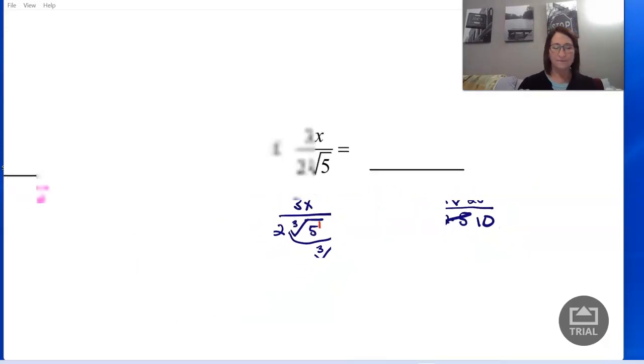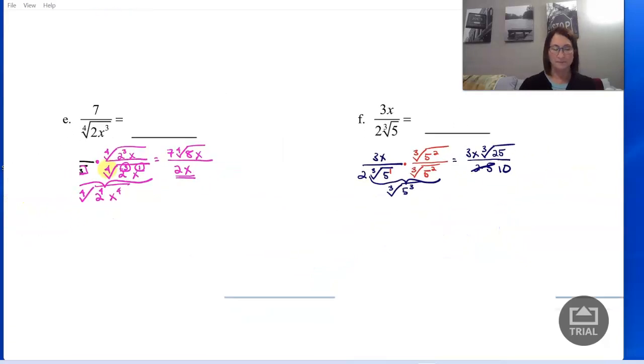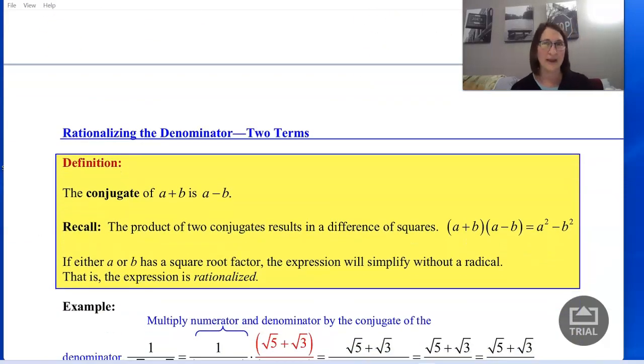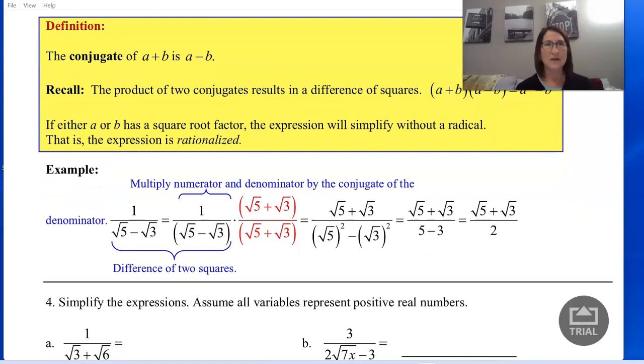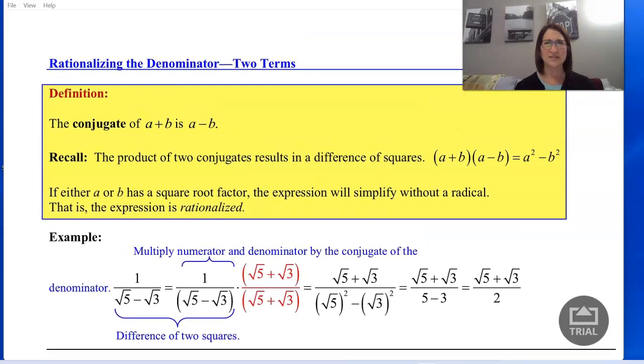Okay. So now, that was rationalizing with 1 term. Now we're going to move on and rationalize with 2 terms. So when we rationalize with 2 terms, we do this differently.